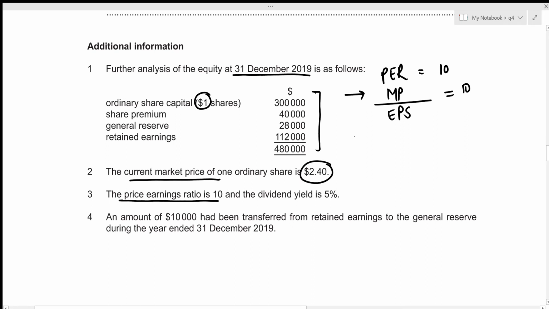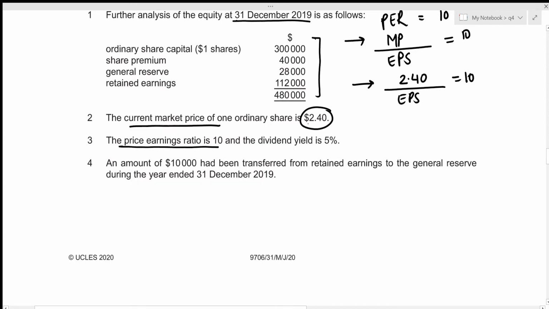So let's substitute this. That's 2.40 divided by earnings per share, which is 10. So now we can easily figure out the value for the earnings per share. That's just going to be EPS equals 2.40 divided by 10, which results in the value for earnings per share to be 0.24.